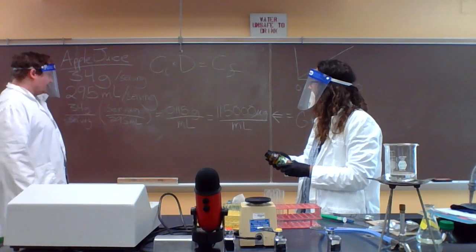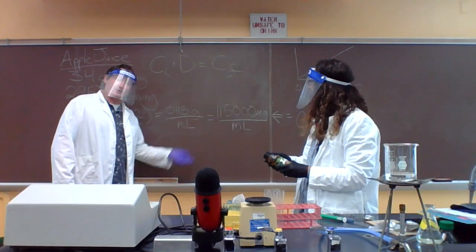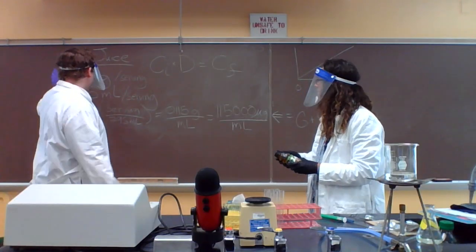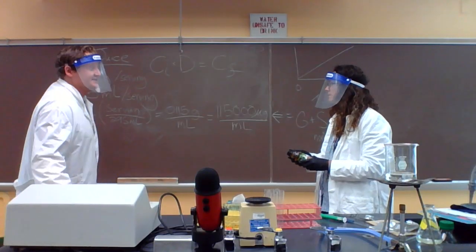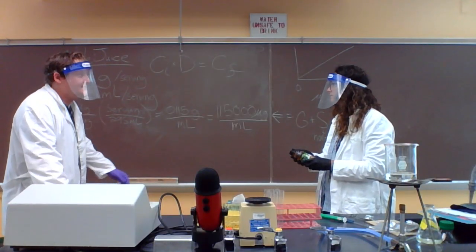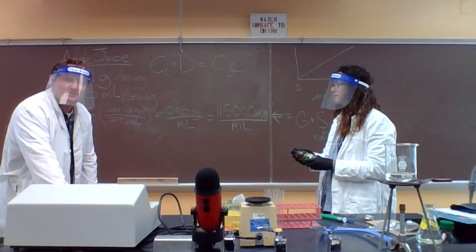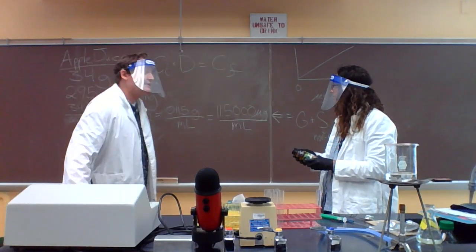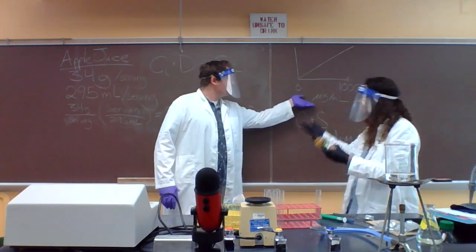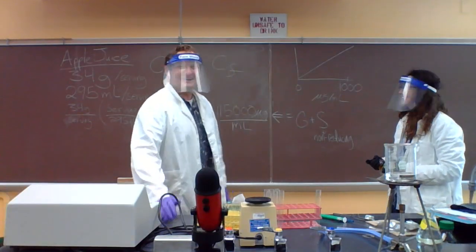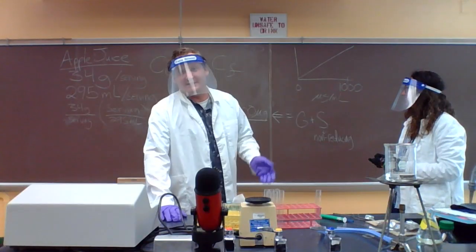You can convert this simply to grams per milliliter. It's just 34 divided by 295, and you get 0.115 grams per milliliter. You can convert this over to micrograms per milliliter, which just makes sense because our standard curve used concentrations of micrograms per milliliter.